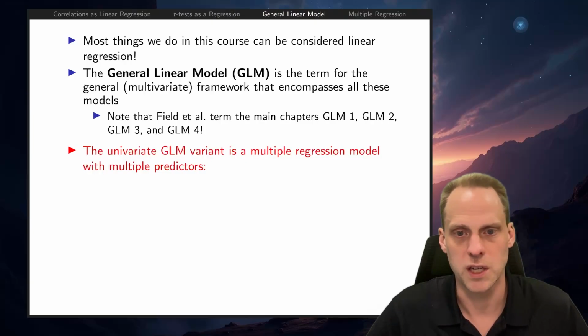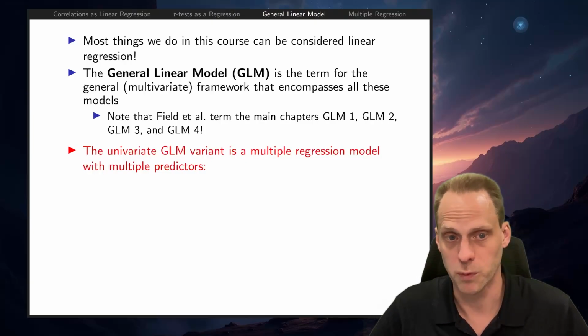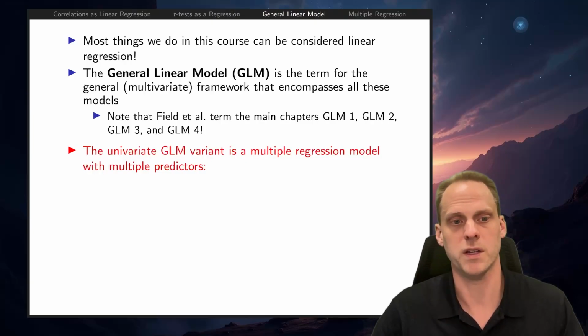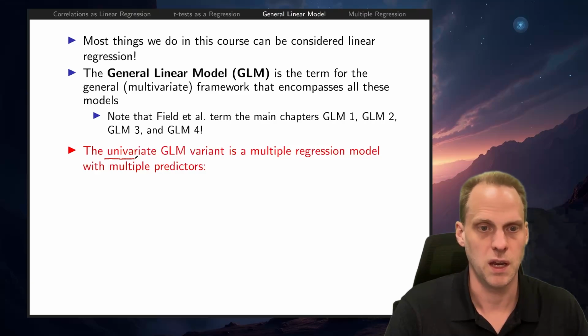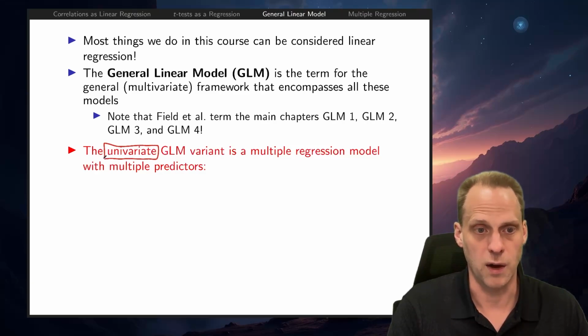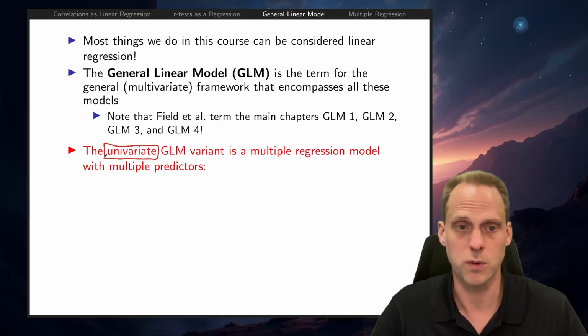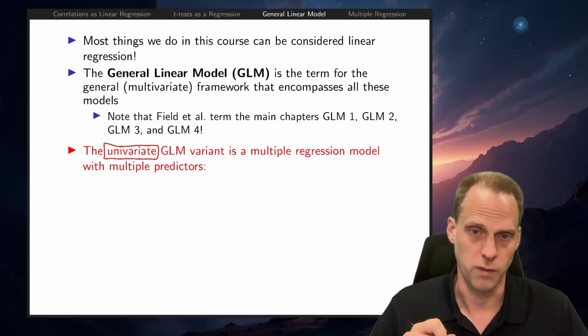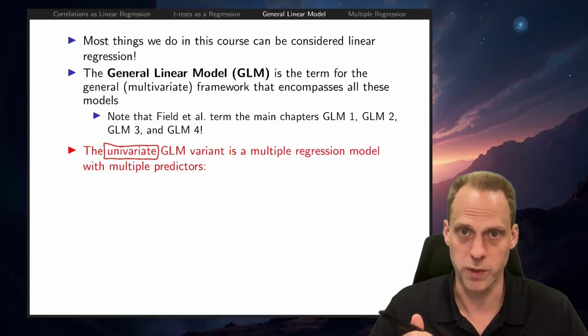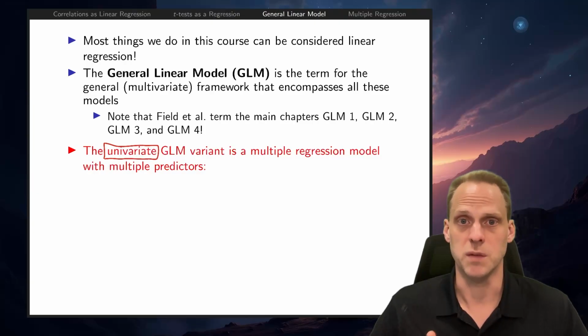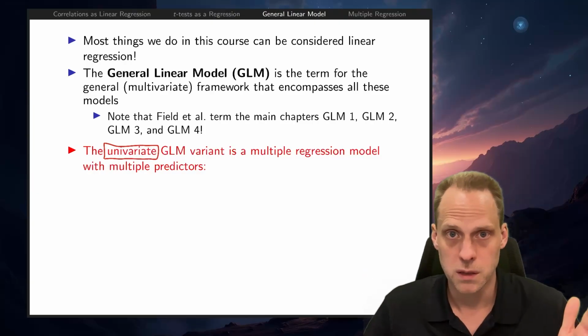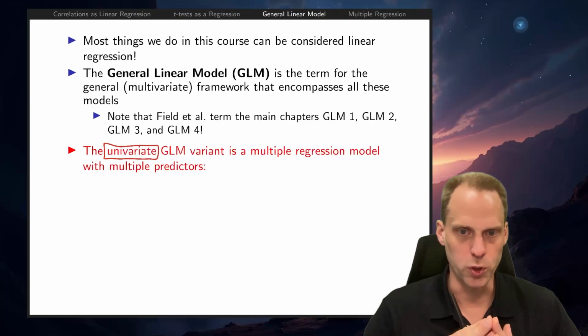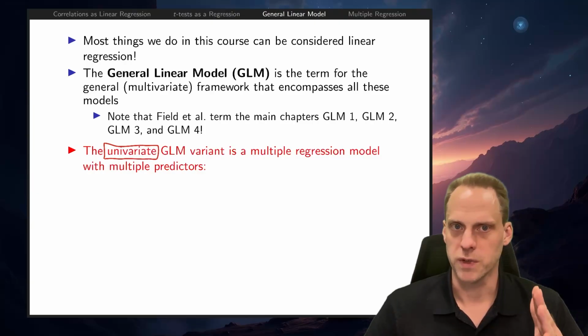The univariate GLM variant is a multiple regression model with multiple predictors. So univariate here means that the outcome variable, or the dependent variable, is one variable. And we always talk about one outcome variable in this course. You could actually make it even bigger, and then we're talking about having multiple variables as outcome variables.